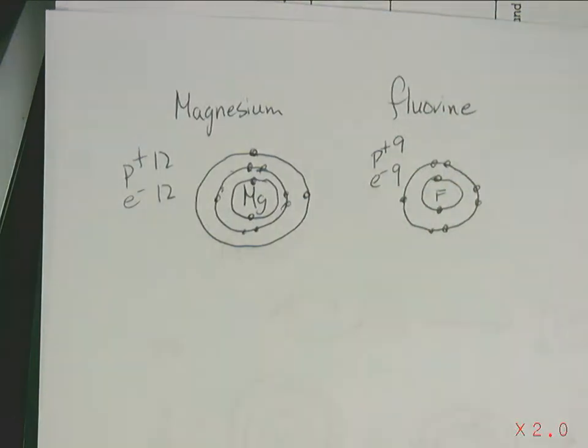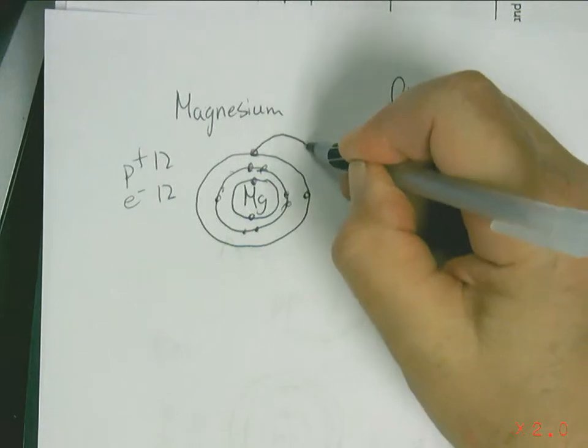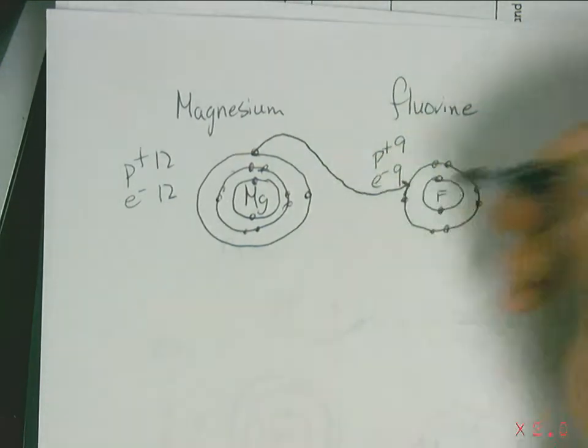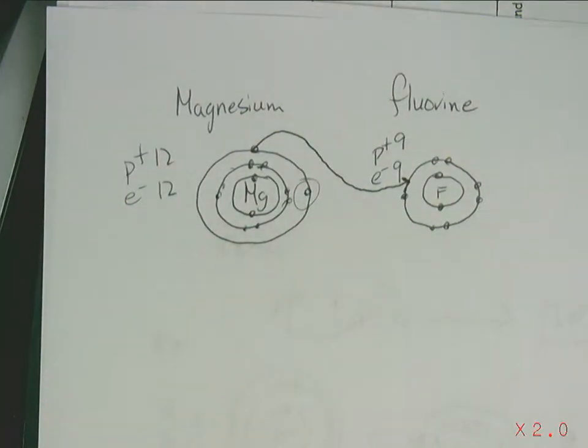So, using what we've just learned, we can see one of those magnesium electrons will be able to complete the valence shell of one fluorine, but that still leaves that electron.